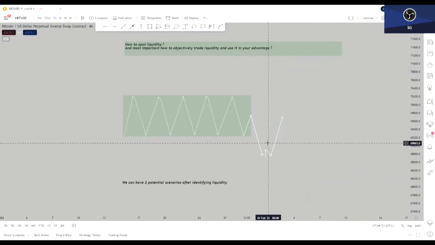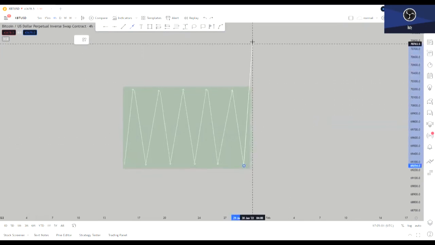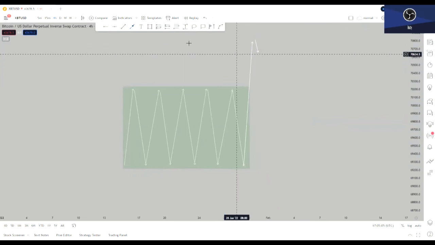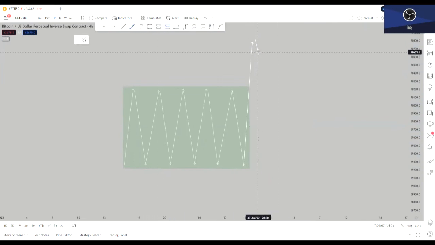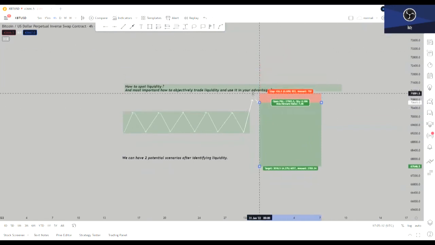And on the sell scenario, you want to take a sell when price breaks above, shows some signs of weakness and stops, and then looks to close back into the range. What you want to see is price revisiting these lows here or even lower.